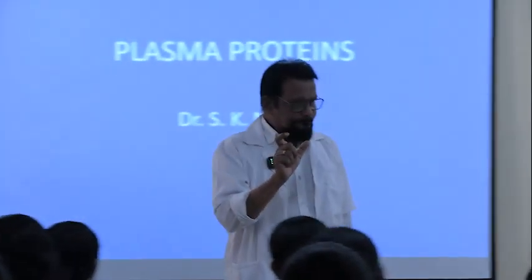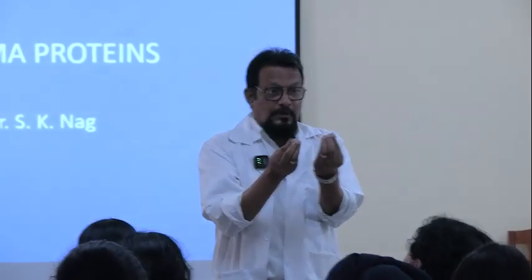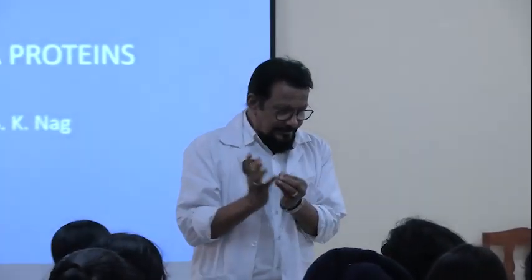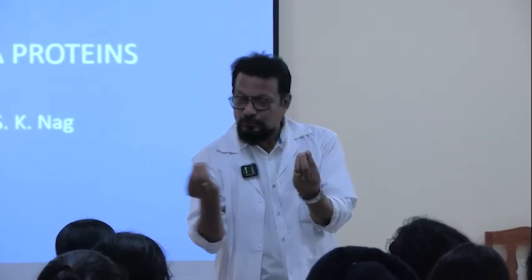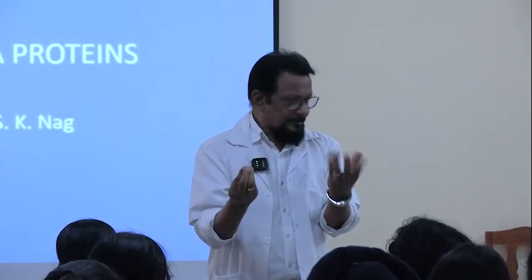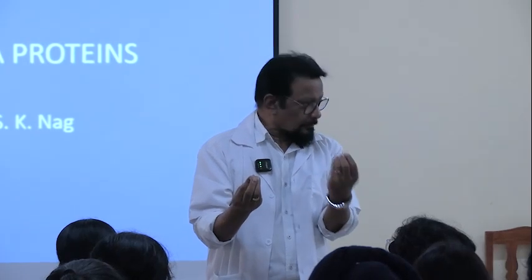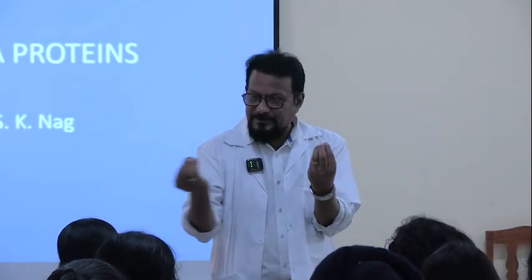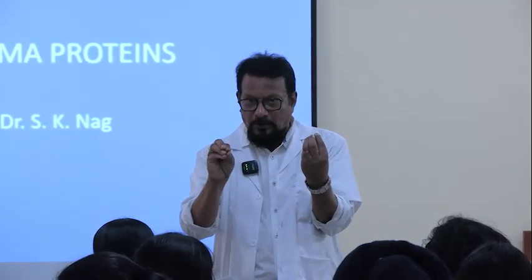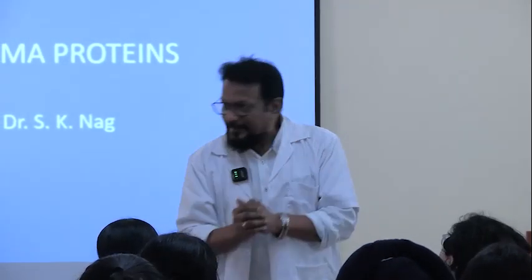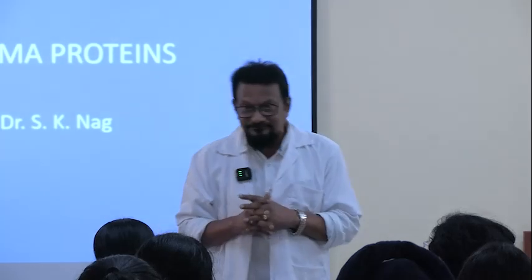What are the conjugated proteins? When a simple protein remains attached to another compound, we call it a conjugated protein. In hemoglobin, there is a protein called globin, and it remains attached to an iron-containing compound. So it can be termed as metalloprotein.